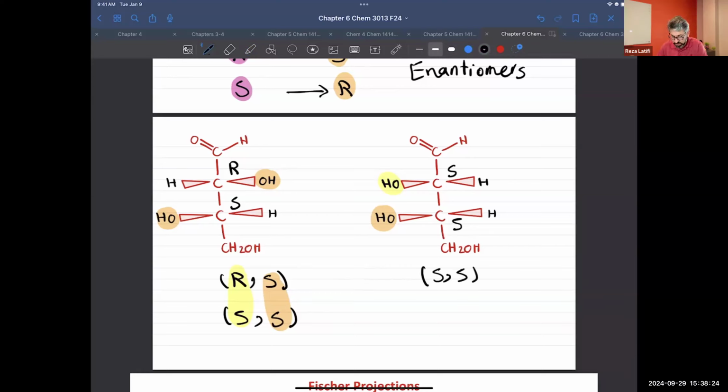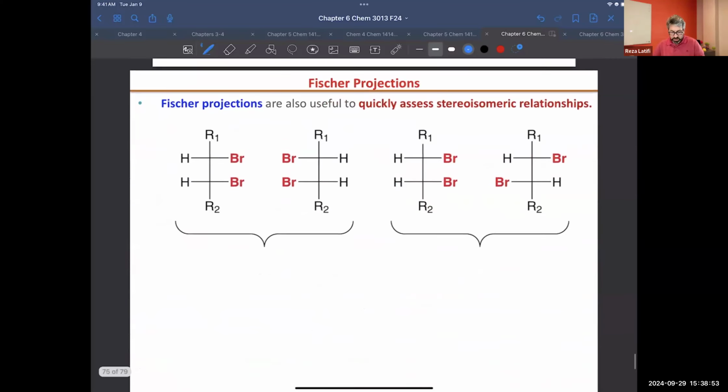Number 1 and number 3, let's call this one number 3, they will be diastereomers. Those two are diastereomers: one of the stereocenters remained the same, did not change. And because it did not change in this case, I'm going to call it diastereomer.